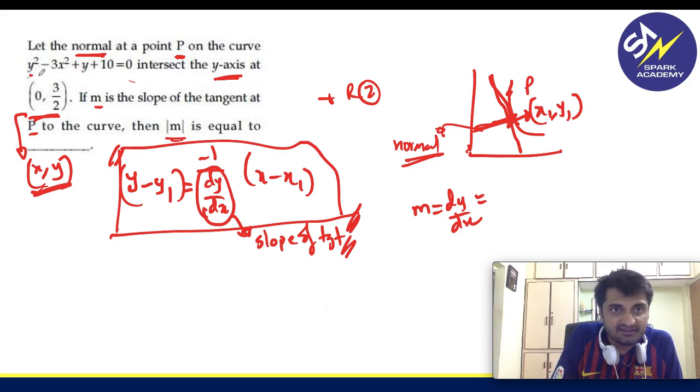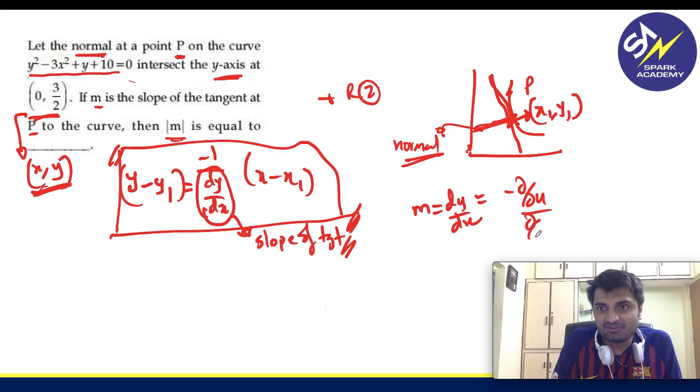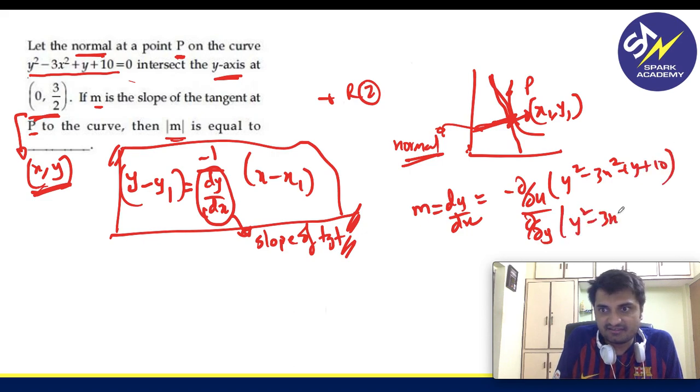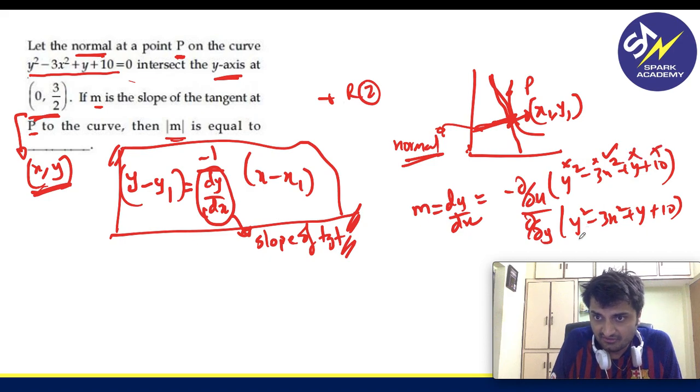How do you find dy by dx, guys? I can again use differentiation: minus dou by dou x over dou by dou y of y square minus 3x square plus y plus 10. Dou by dou x gives minus 6x, so minus of minus will be plus 6x.